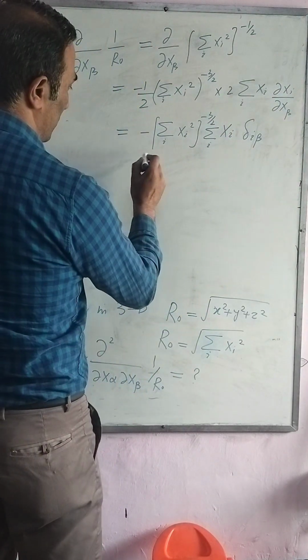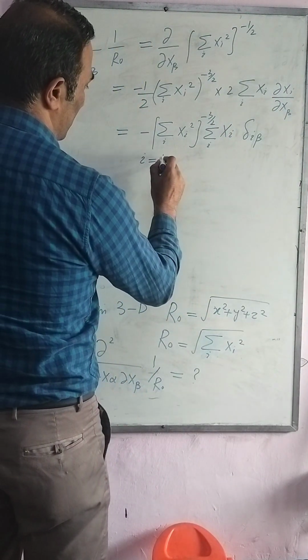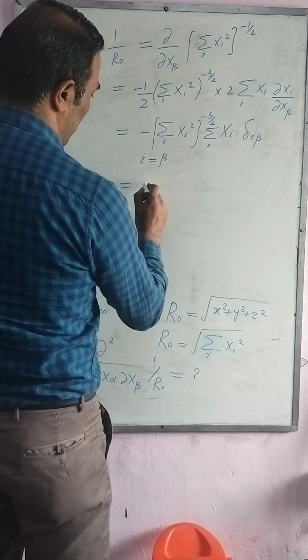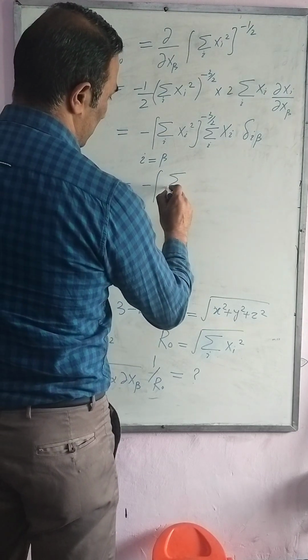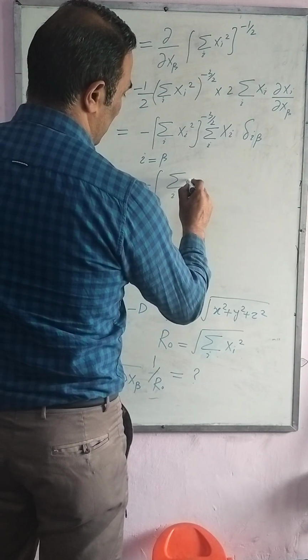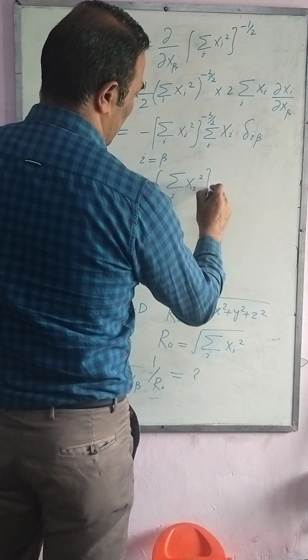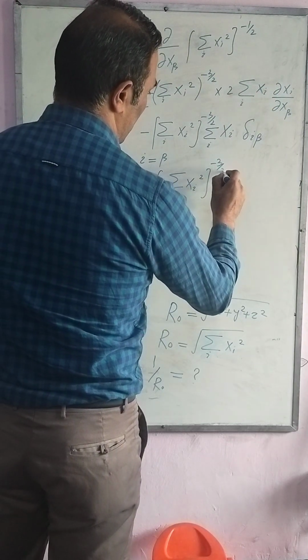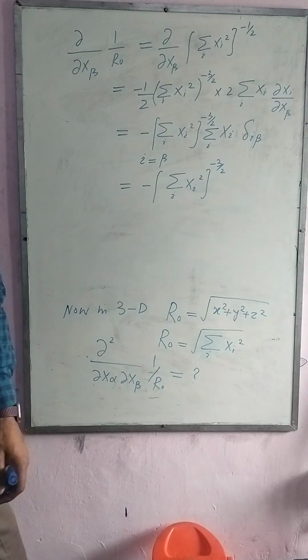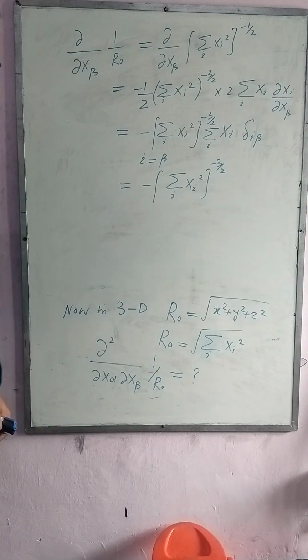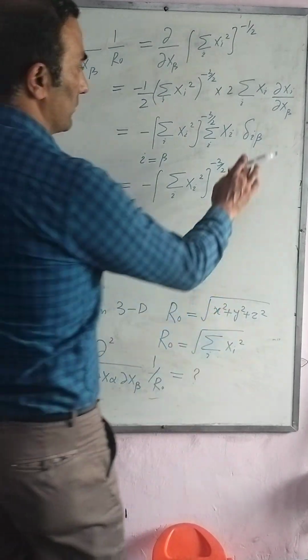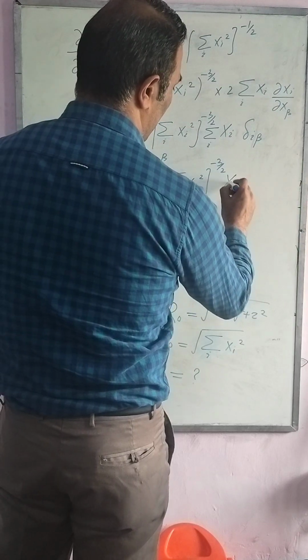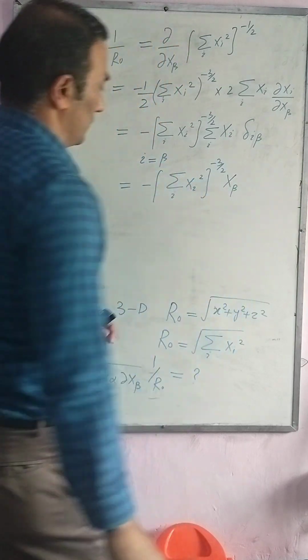Okay. Now you put I equal to beta, right? So this will be equal to, okay, right? And this term will be equal to 1, so this will be, okay.